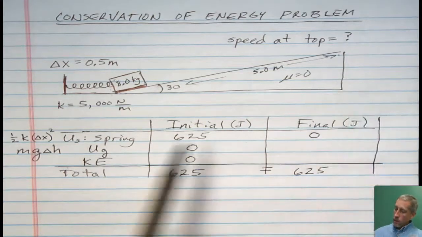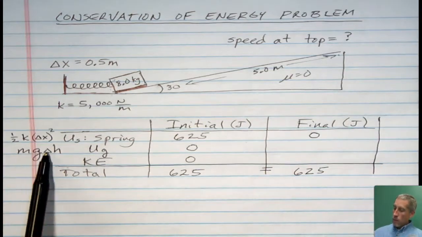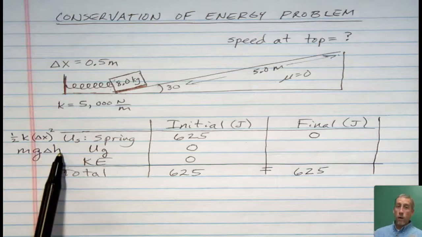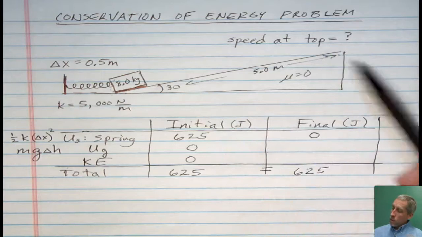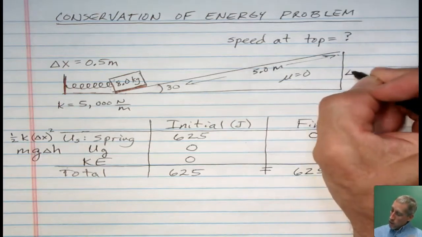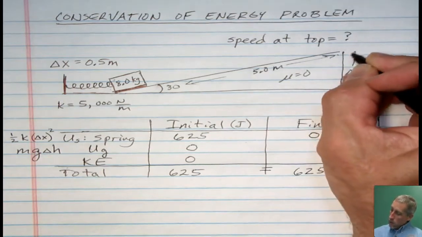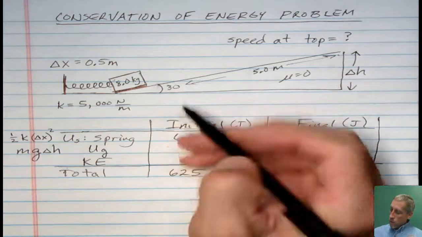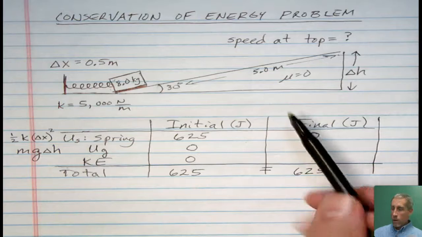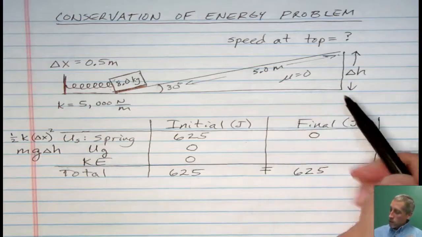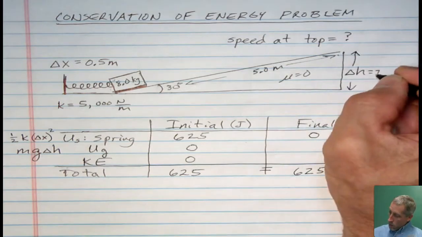So what do I need to calculate that? I need mg and then the height. This is the vertical height above the reference level. That's not this 5 meters, but that's this height right here. And I chose 30 degrees because I'm pretty good at taking the sine of 30. It's just 1/2. So I know that the height here is actually 2.5 meters.